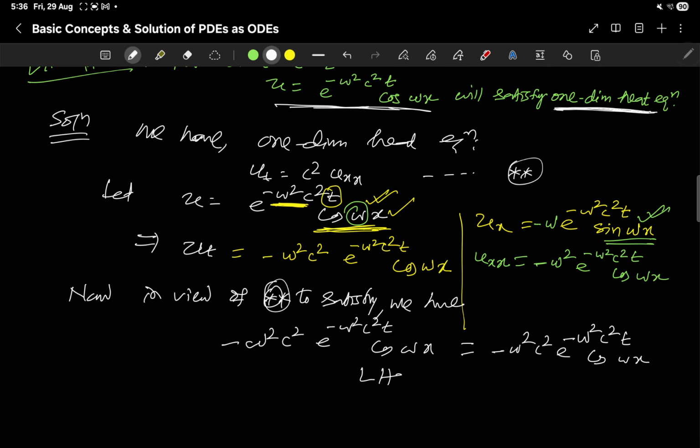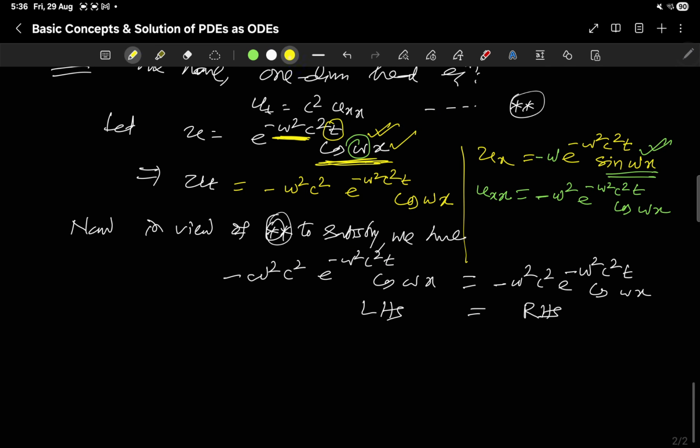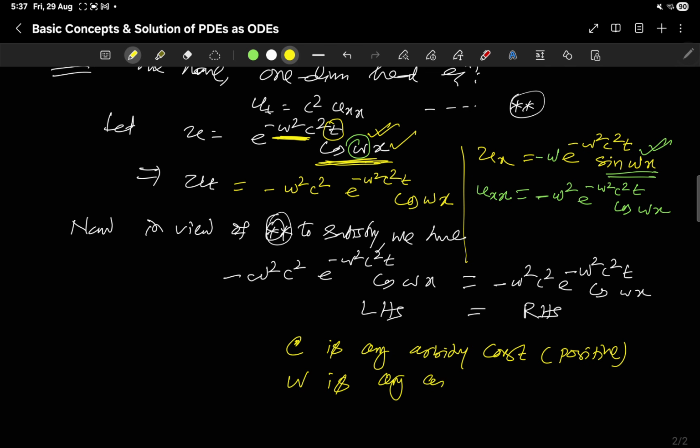So what will happen? Left hand side is exactly the same as the right hand side. So what is the value of c and omega? c is any arbitrary constant, and it is better we mention that it is positive, but omega is any arbitrary constant.